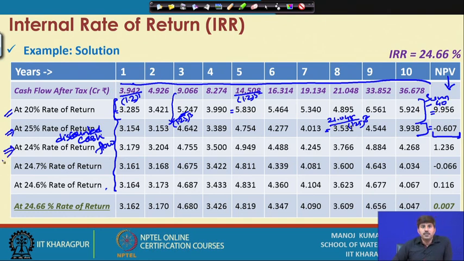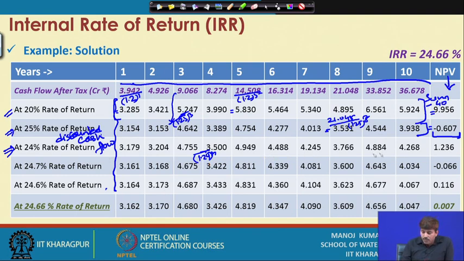24% rate of return, the discounted flow. Similarly, instead of 1.25, we will use 1.24. So, all these numbers will be divided by 1.24 to the power n, where n is the year respectively.